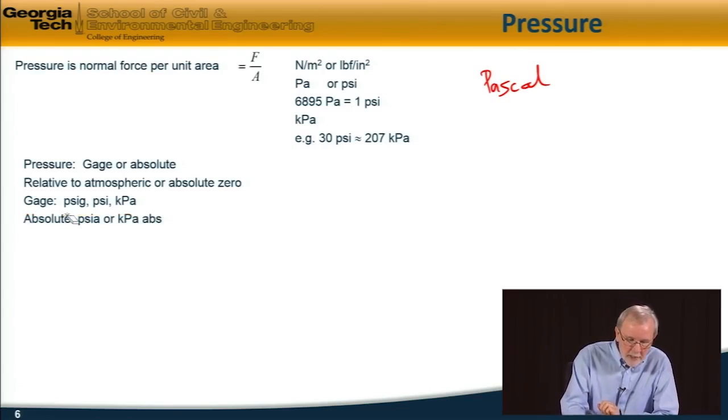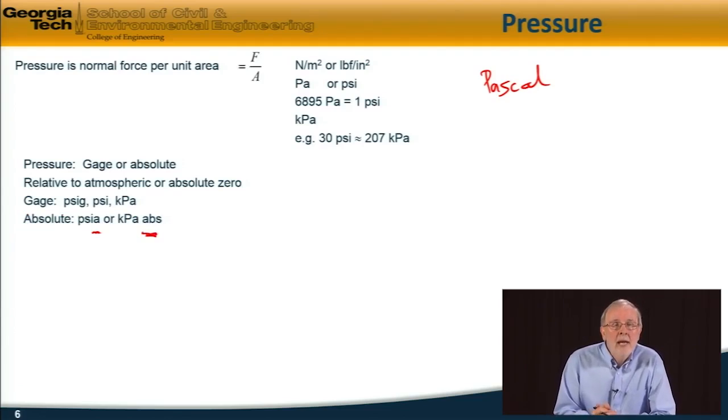If it's an absolute pressure, we have to put an A on the end, PSIA or kPa absolute, to denote that we're talking about an absolute pressure. That is essential in that case to distinguish it from a gauge pressure. Normally, if we just say PSI, then we're referring to a gauge pressure.